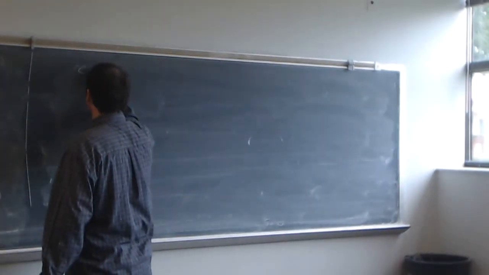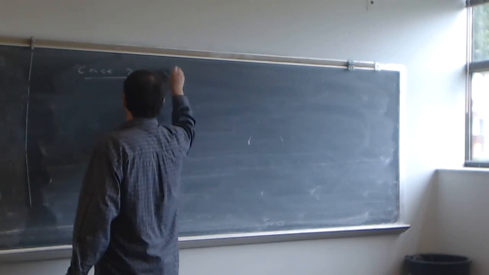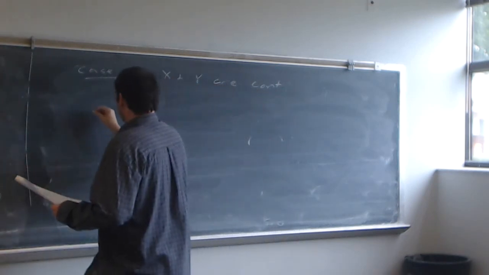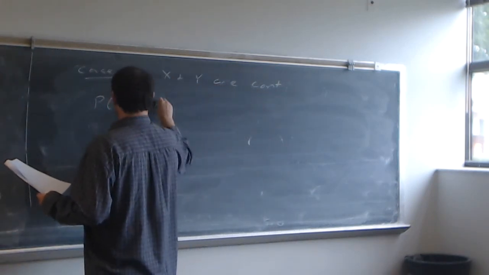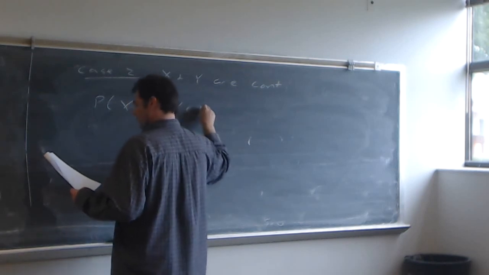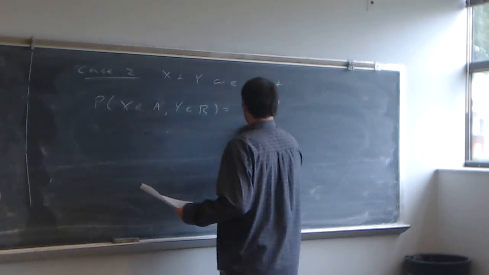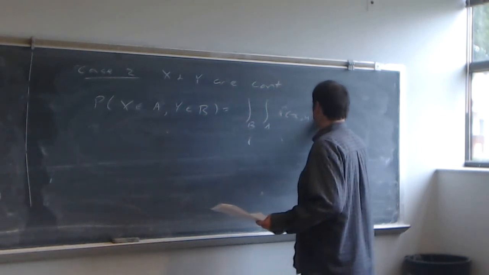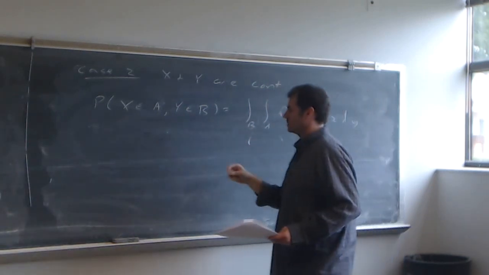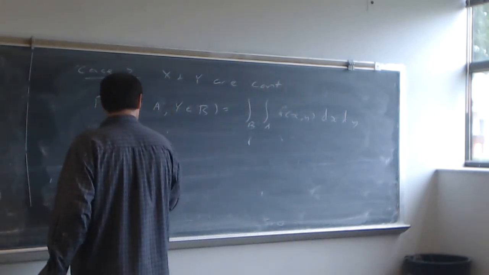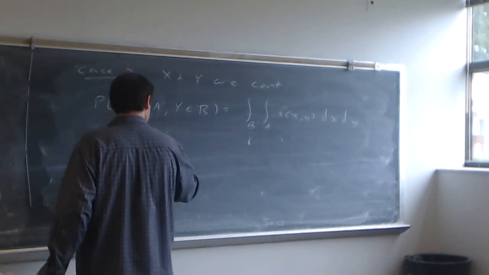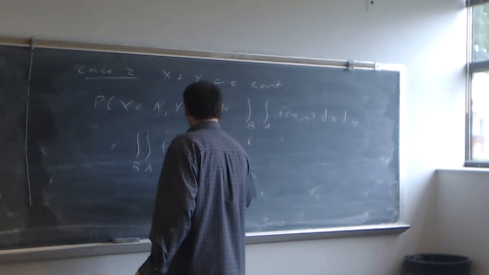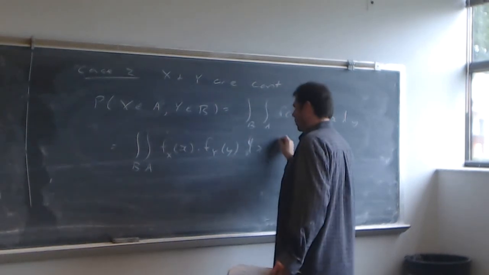Case 2: X and Y are continuous, so we do something similar. We note the probability that X is an element of A and Y is an element of B is equal to the integral over B, integral over A, of f(x, y) dx dy. Here, because of our assumption, this will be the product f sub X of x times f sub Y of y, dx dy.